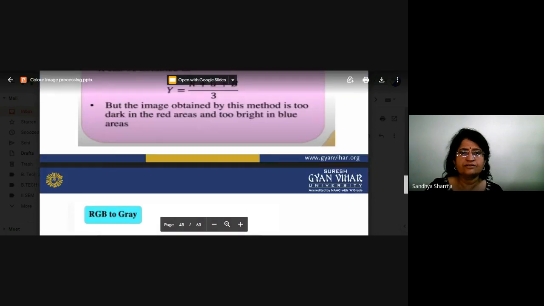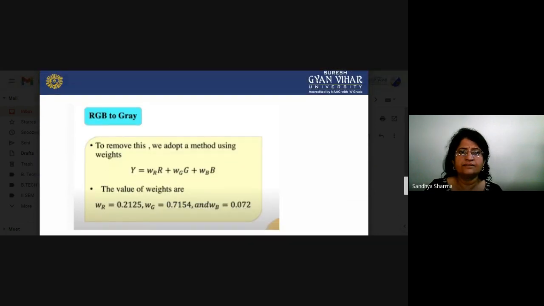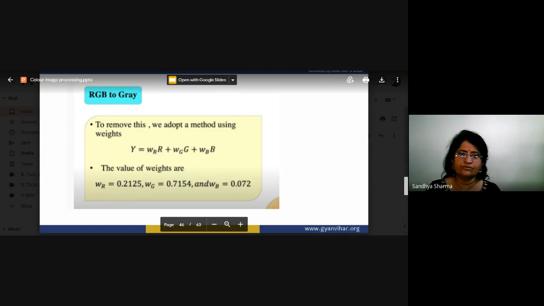So now we will look at RGB to gray. To remove this problem, we adopt a method using weights. There is a certain weight according to which we cannot take an equal amount of RGB. We will give separate priorities to these colors: 0.2125, 0.7154 and 0.072.